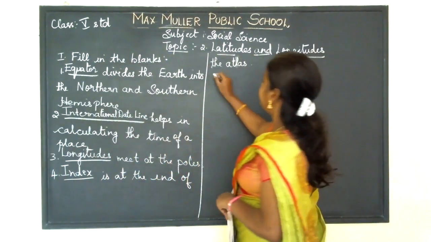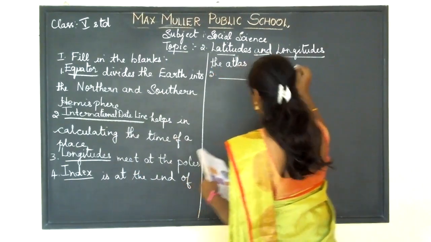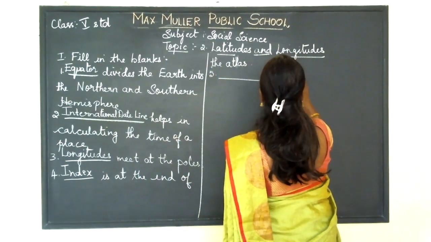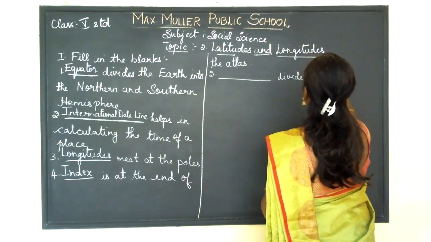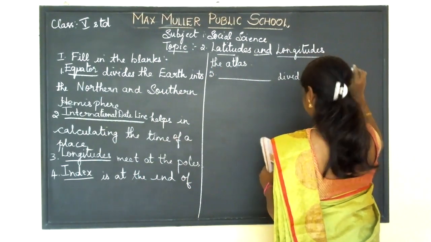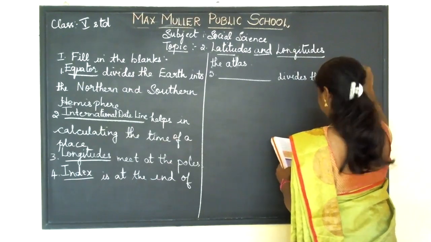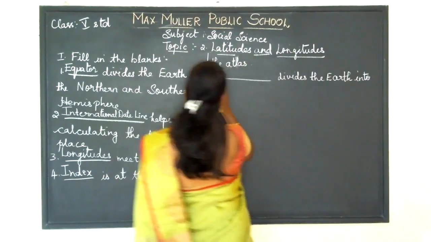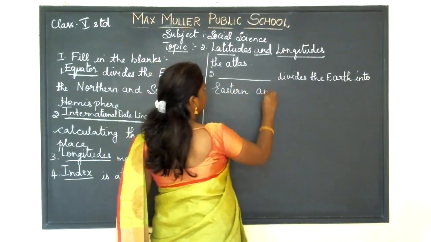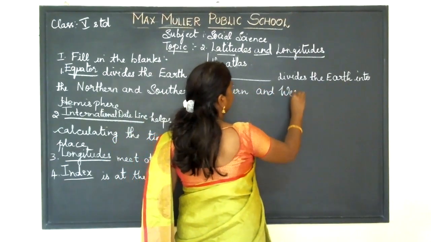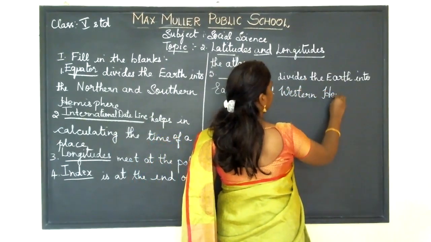And the last fill in the blank is dash divides the earth into eastern and western hemisphere.